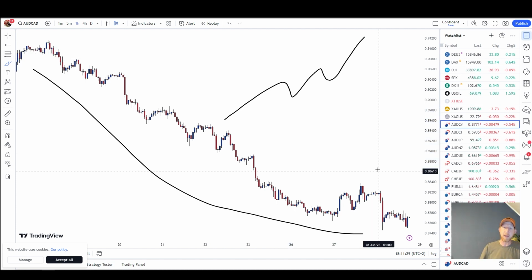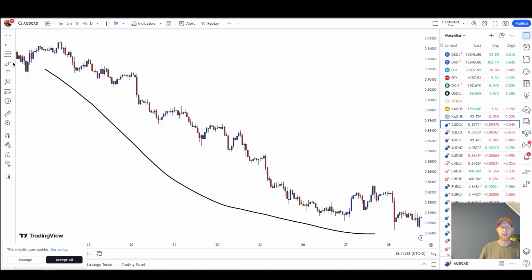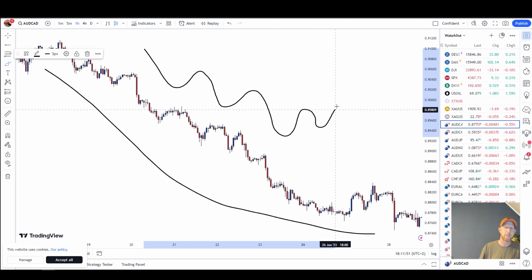That's important to remember, because what do you need in order for a trend reversal to happen? Let's say you have a downtrend like we have right here. In order for a trend reversal to happen, you need to start having a higher low, and then once you have a higher low, there becomes a higher probability of having a higher high.